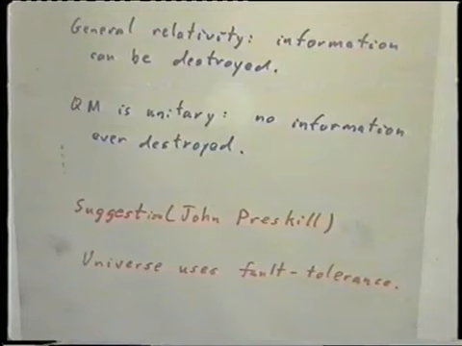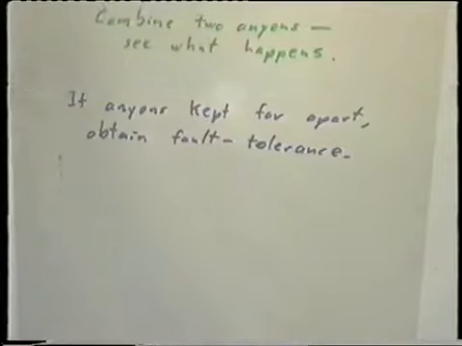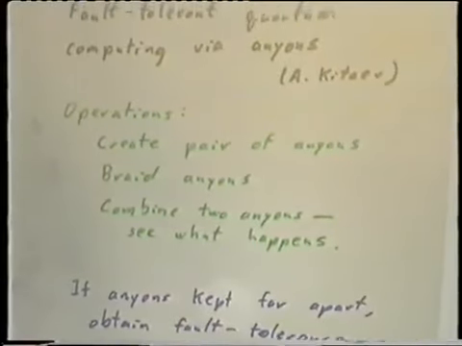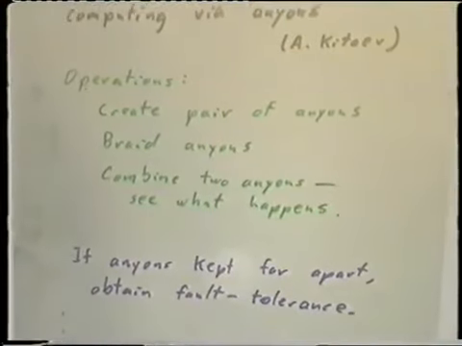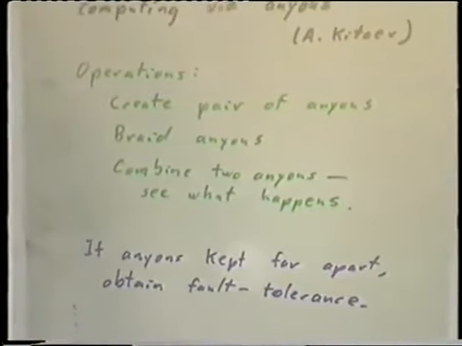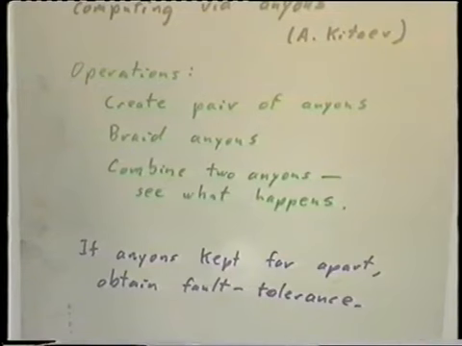If you look back at these anyons, as long as you kept them far enough apart, everything looked unitary, but if you bring the anyons close together, then information can be destroyed, because they combine and create a new anyon, and you lose the information about what these two of them looked like.